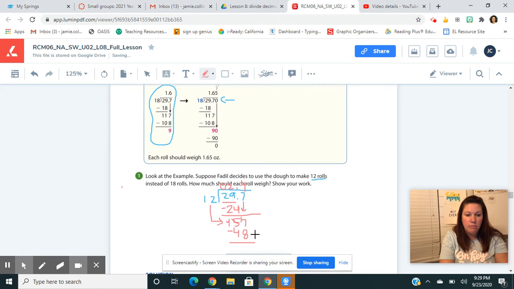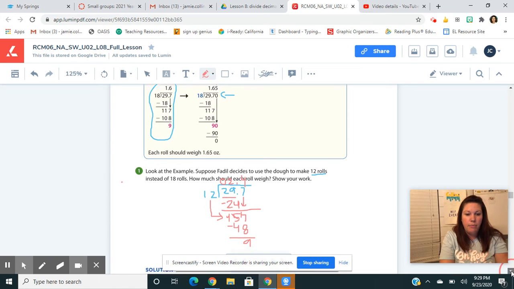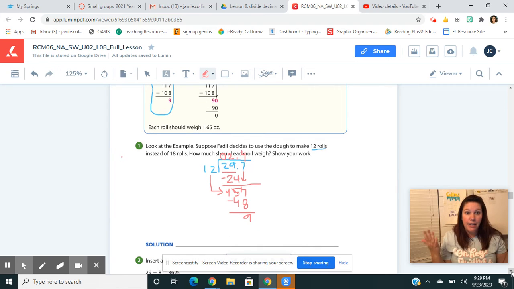And then 17 minus 8 is 9. So I'm going to get a remainder of 9. But based on what we've been learning, we cannot have a remainder when we have decimals. So that means I have to add a 0 right here next to the 7. And then I'm going to bring down this 0.